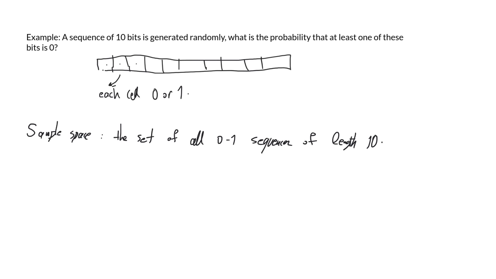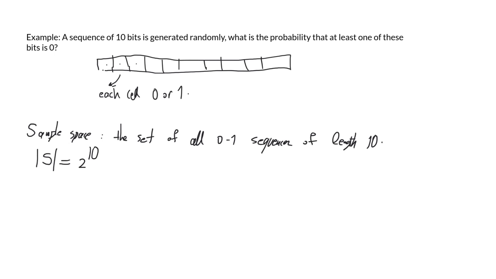Let's already compute the cardinality of the set S. Because each cell has 2 possibilities, the total number of binary sequences of length 10, by the product rule, is 2 to the 10.